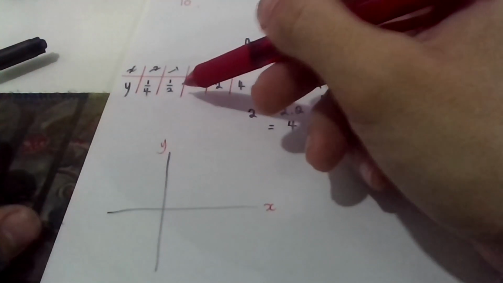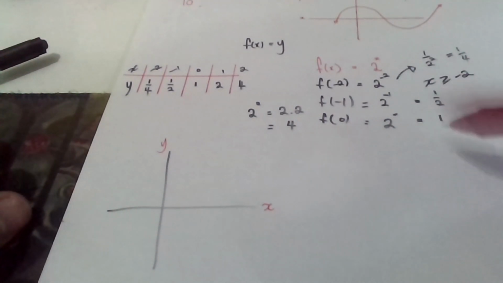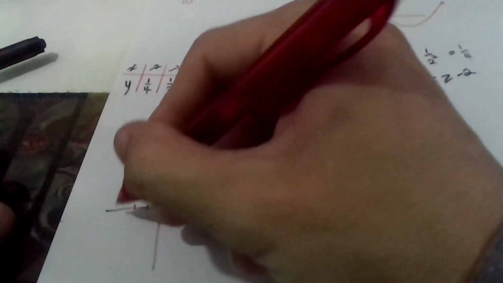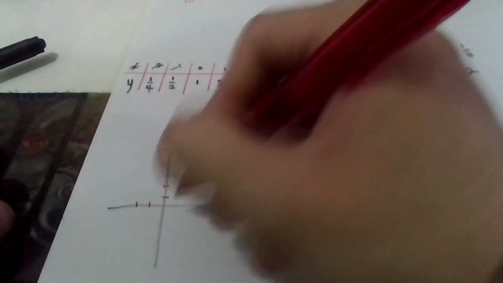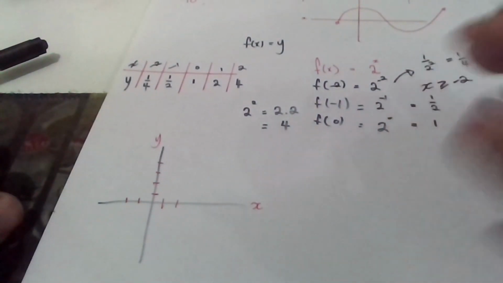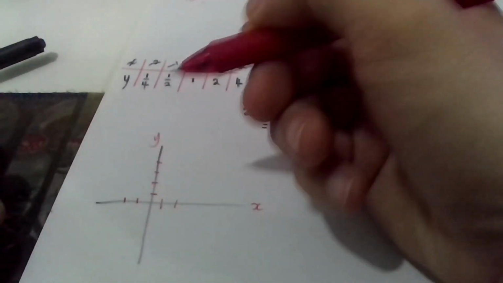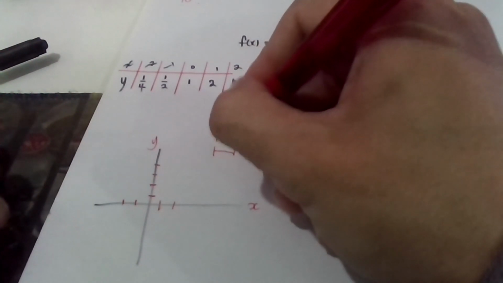Because I gave a domain where x needs to be greater than or equal to -2, I'm going to start at -2, which should be on this side. So let's do that: 1, 2, 3, 4, and let's go 1, 2. Let's say this is 1 unit.